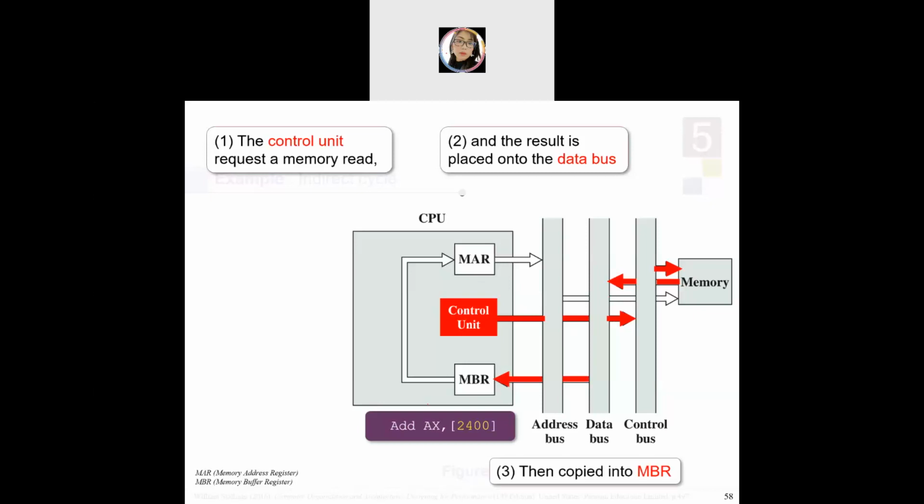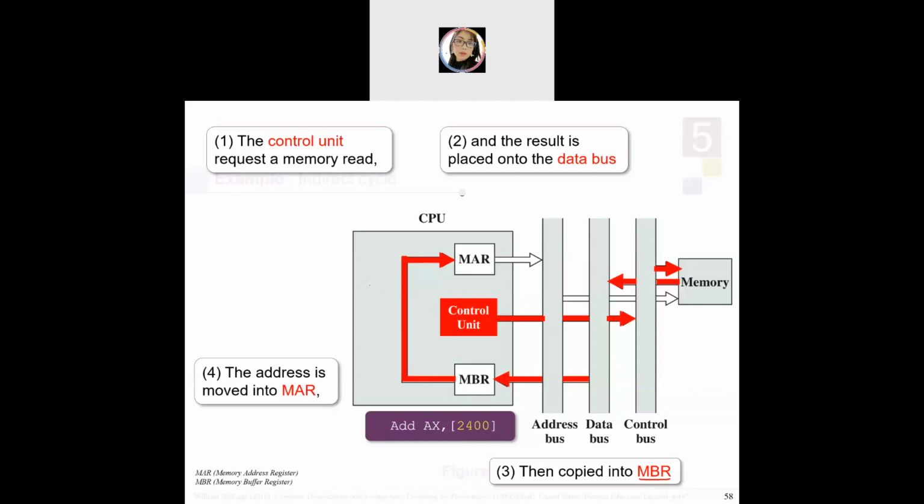So from the memory, it will mention this is the AX 2400. This one will be copied to the MBR for the instruction because you try to fetch the instruction. Then you're going to use this address and move it to the MAR.